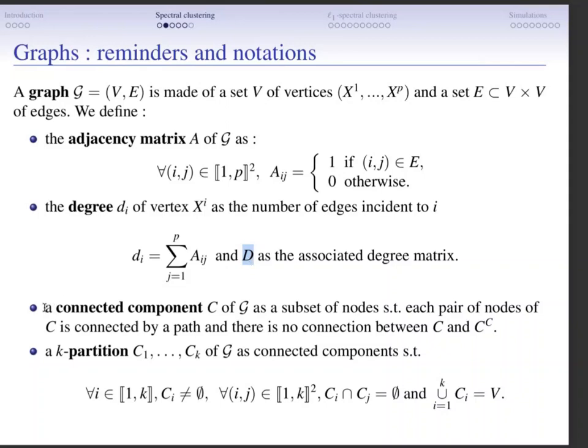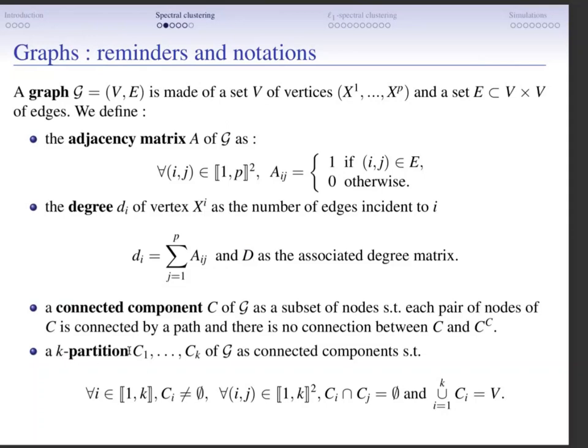Finally, I want to define what a connected component is. A connected component is a subset of nodes from G which are fully connected. All nodes are connected by an edge, and there is no connection outside the connected component.